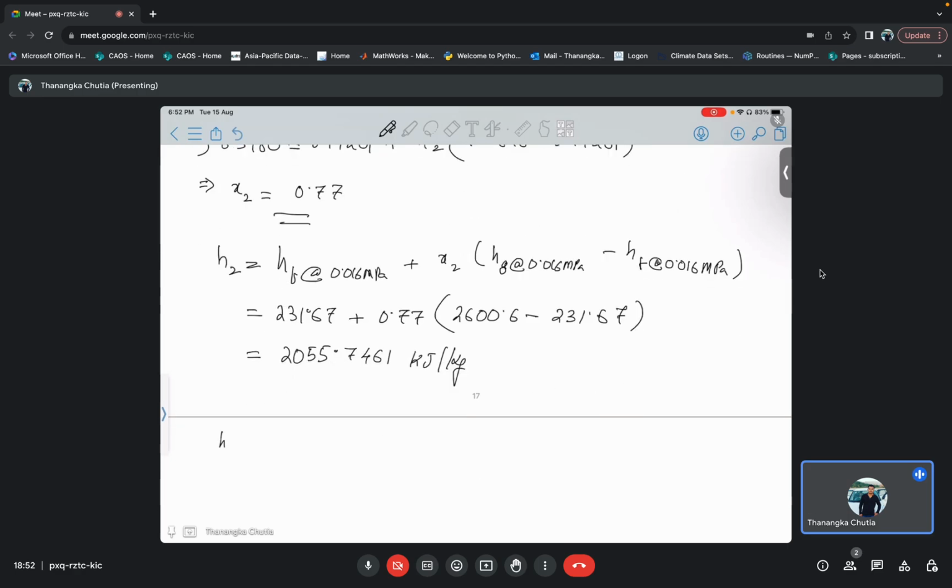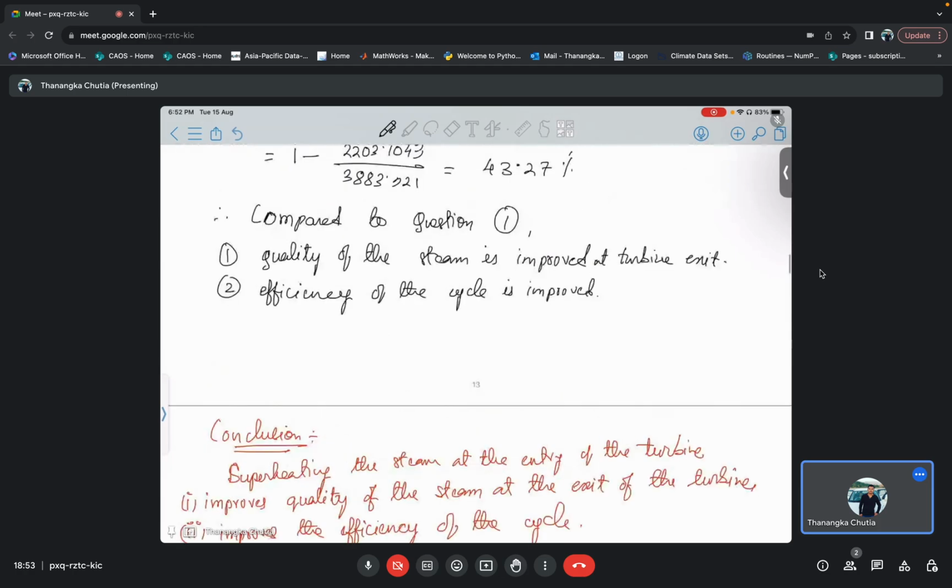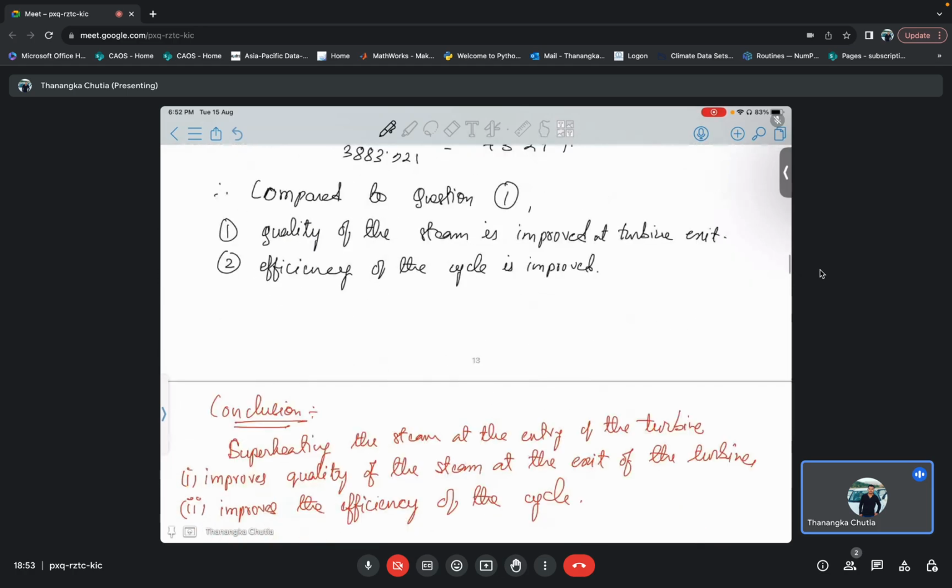Okay, similarly my H3 will be equal to Hf at 0.016 megapascal, that is nothing but 231.67 kilojoule per kg, and H4 will be similar to that in the case of question number 1. I will not do the same calculation again. So my H4 will be 239.879 kilojoule per kg.